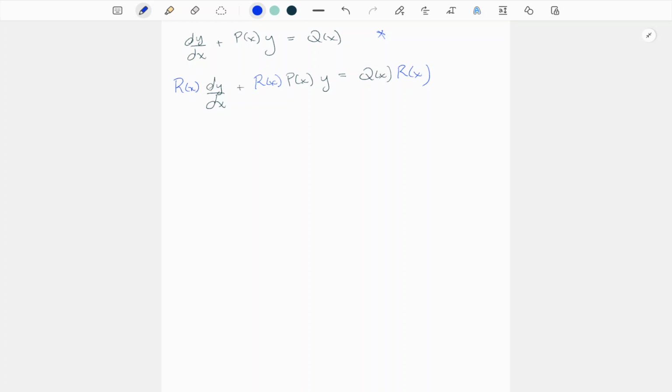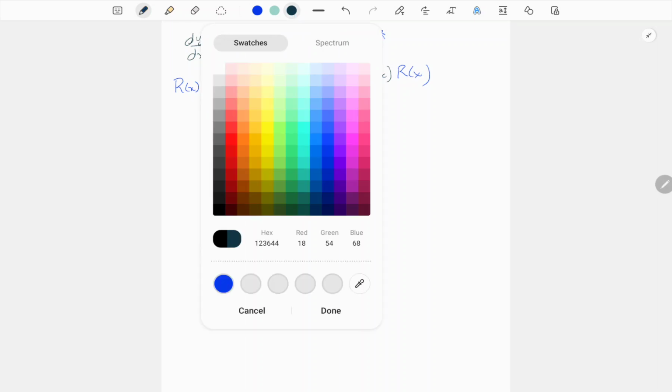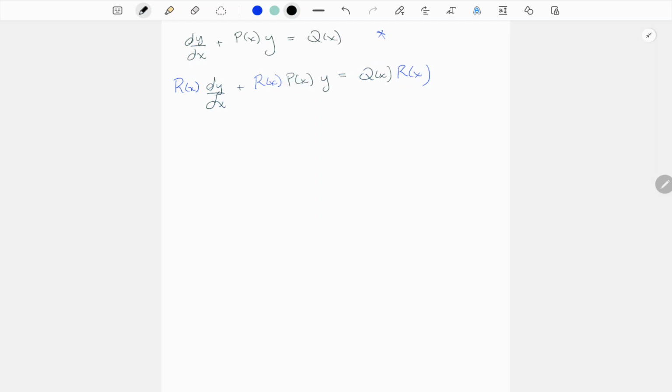If you remember the product rule, instead of u and v, we have r and y. So what you have is r of x, this is y prime.